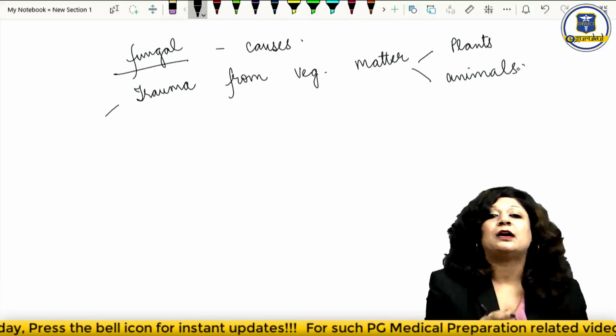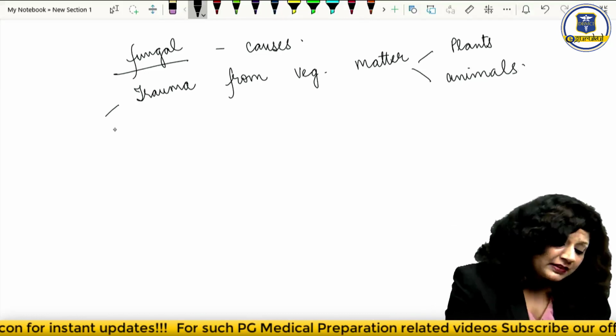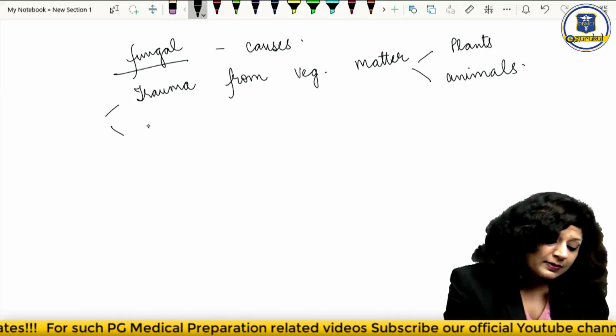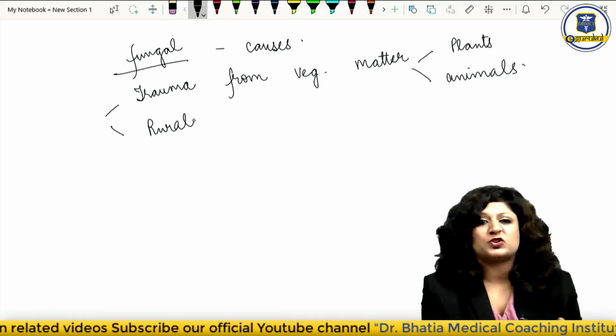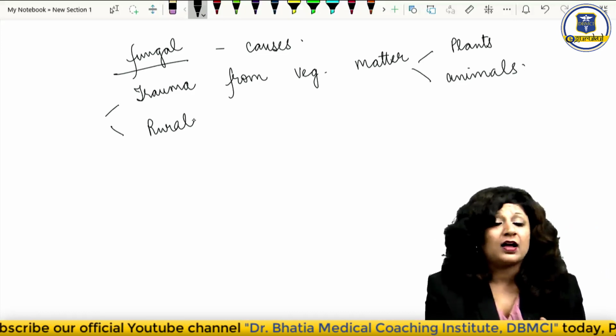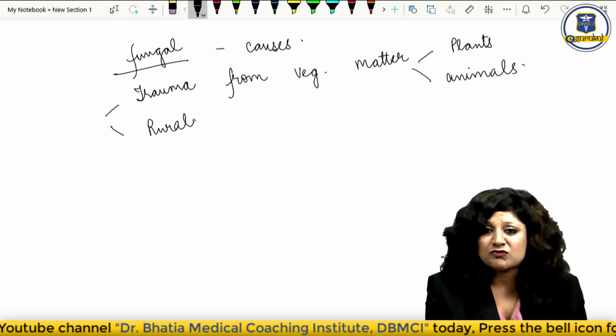When we think about the fungal corneal ulcer, it is more common in the rural population, for example a farmer by occupation coming from a rural area, or trauma from vegetative matter.